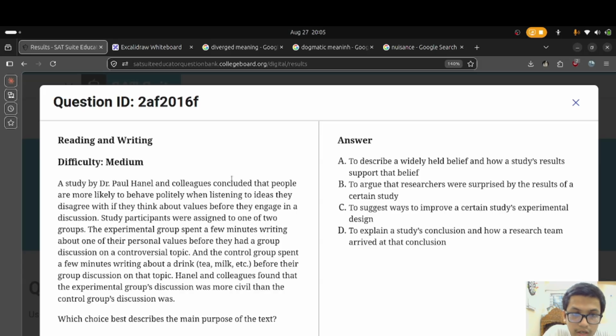Hanel and colleagues found that the experimental group's discussion was more civil than the control group's discussion was. So what did the experimental group do? The experimental group spent a few minutes writing about one of their personal values before they had a group discussion about a controversial topic, and a control group spent a few minutes writing about a drink before their group discussion of the topic.